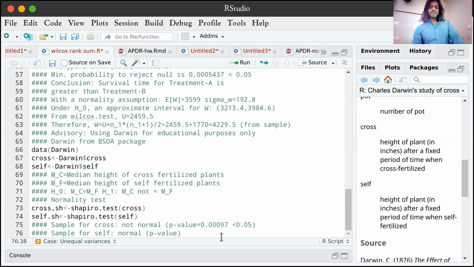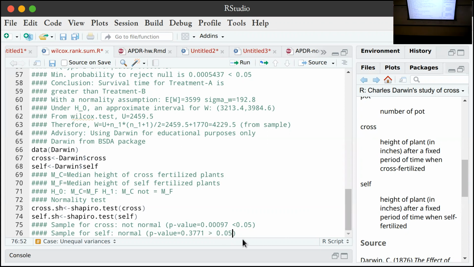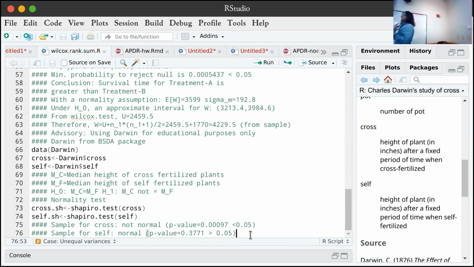This is actually a nice example for all the hate that Phoebe showed toward Darwin. So why is this a great example? One of the samples is not normal, the other is normal. Can I use a t-test? We are doing a two-sample t-test, independent case.